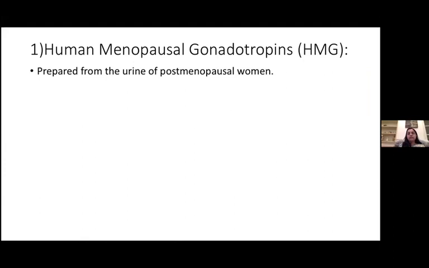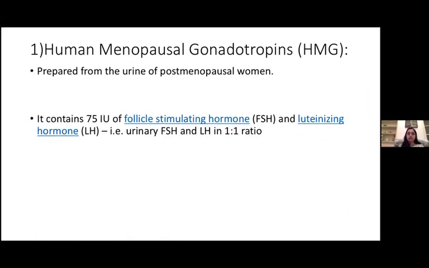See, basically this is prepared from the urine of postmenopausal women. So you require at least 10 postmenopausal women to donate their urine to form 1 vial of HMG. Now, suppose the drug given to you in hand is a 75 unit drug.